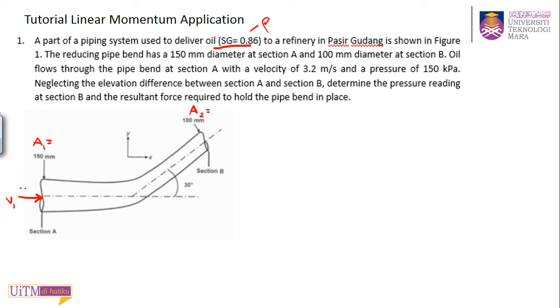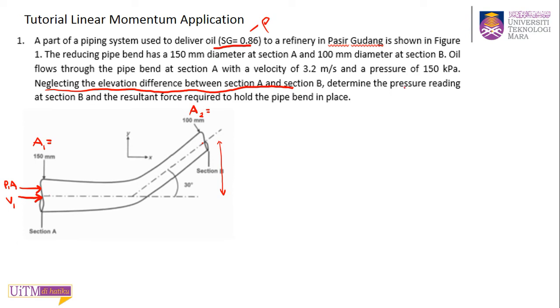So there is another force term, this will be P1 A1, entering this pipe. Neglecting the elevation difference between section A and B, so this is very important. They said to neglect the difference between point A and point B, even though in the diagram you have some distance. Point B and point A have an elevation, but they said neglect, so they assume 0.